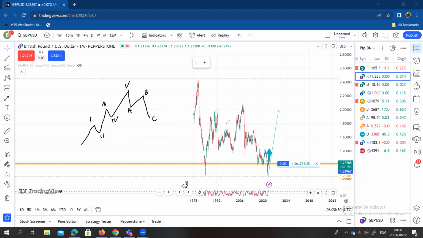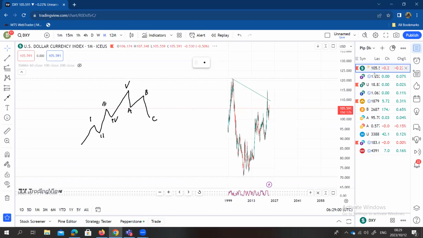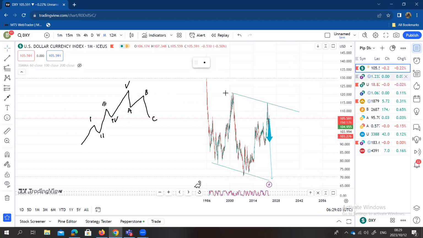Without wasting much time, I'll just go right into the analysis, starting with the US dollar currency index. Right here, the market seems to be in a corrective phase, and I've identified this as our wave A, and the wave has already played out.